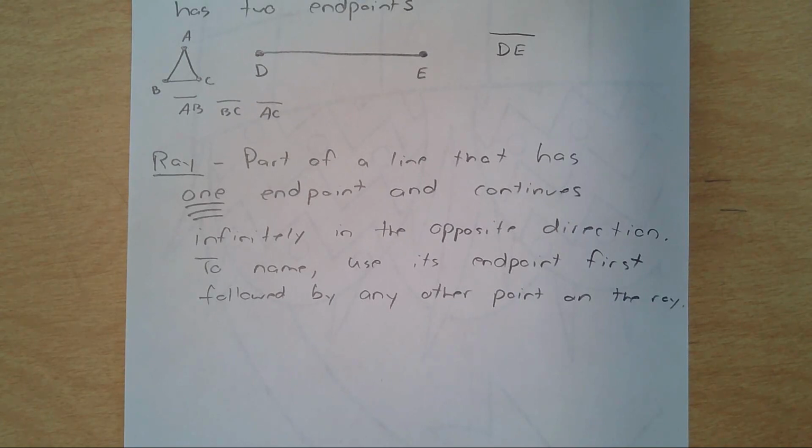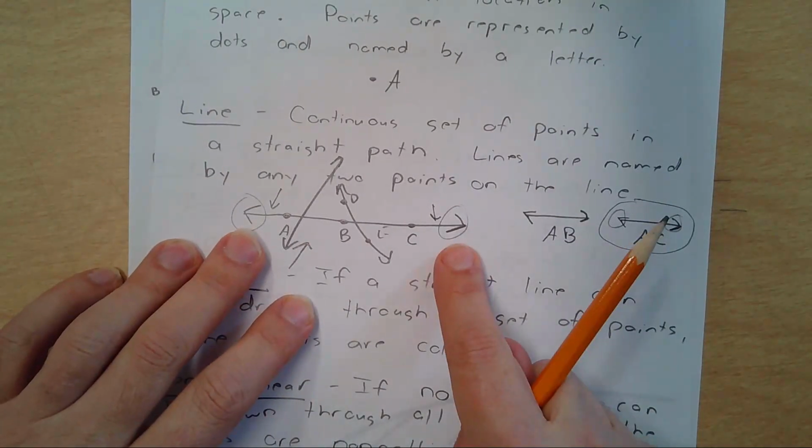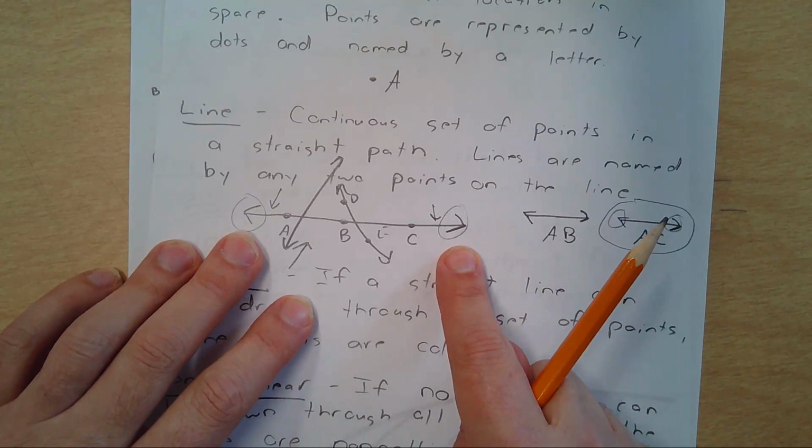So the ray is kind of in between the line segment and the line. The line goes on through infinity in both directions.